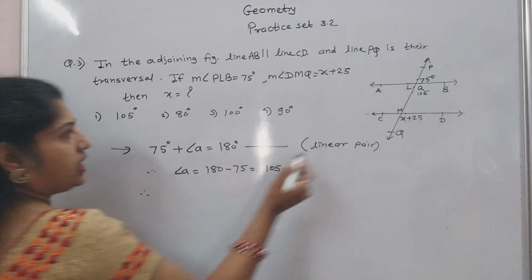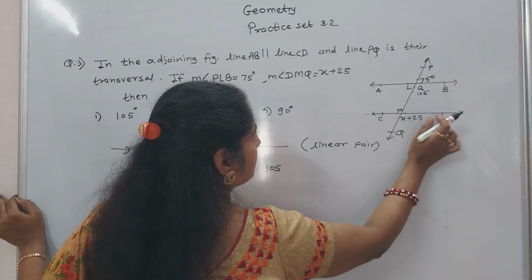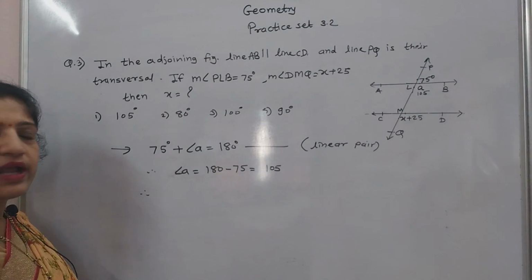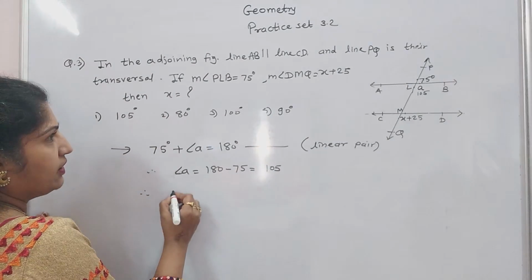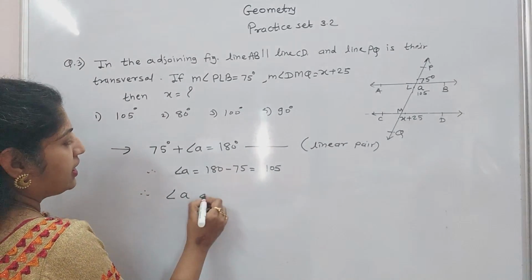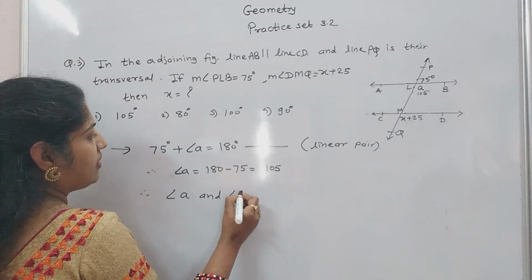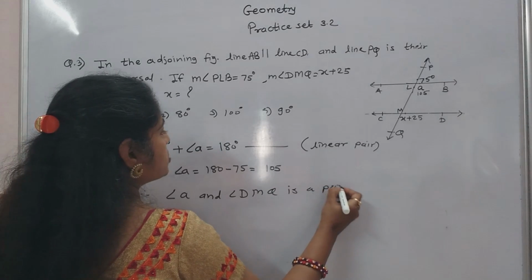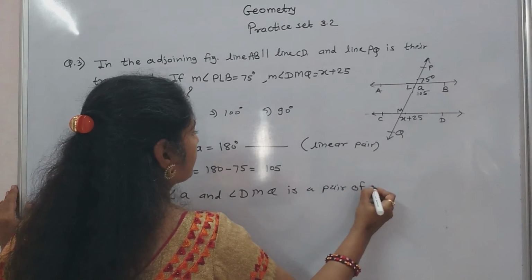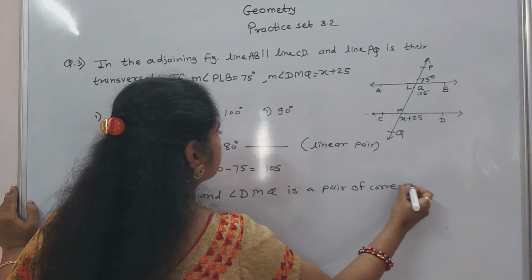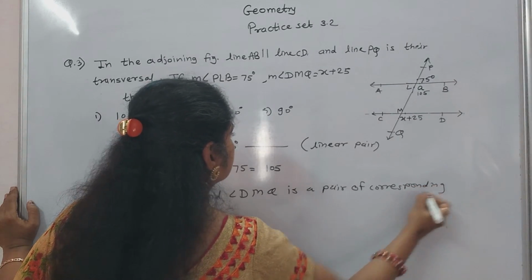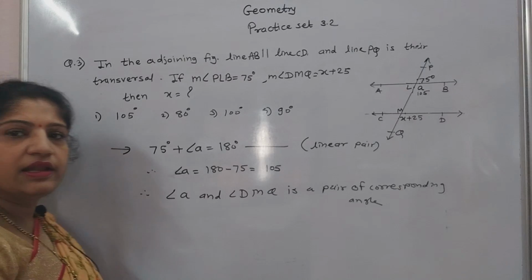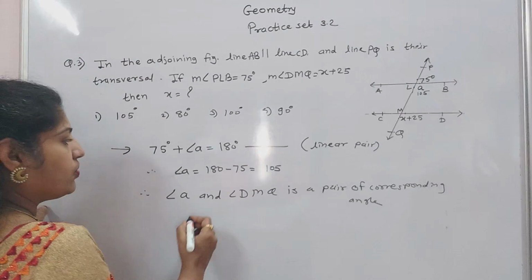Now A and this angle, DMQ angle, these two angles are corresponding angle. Angle A and angle DMQ is a pair of corresponding angle. And you know that when the lines are parallel, the corresponding angles are congruent.